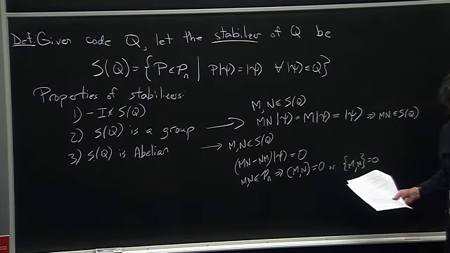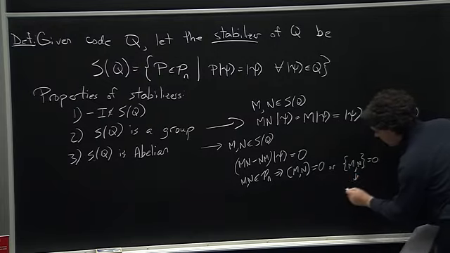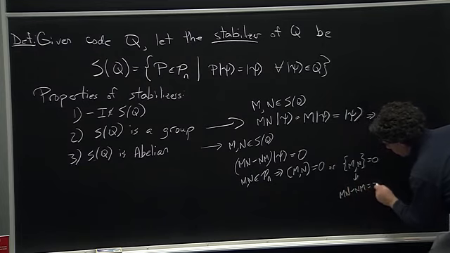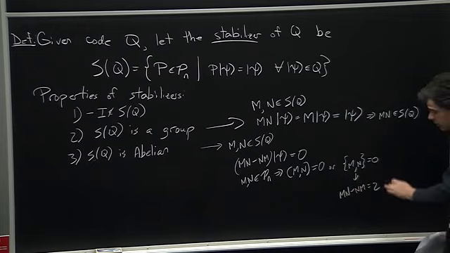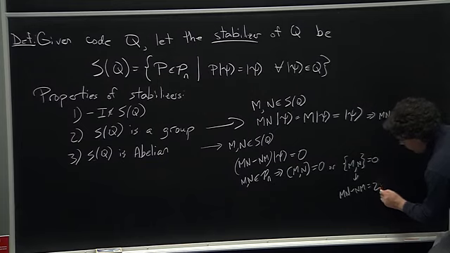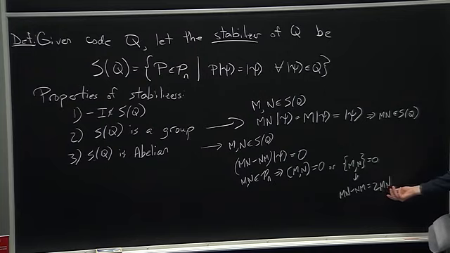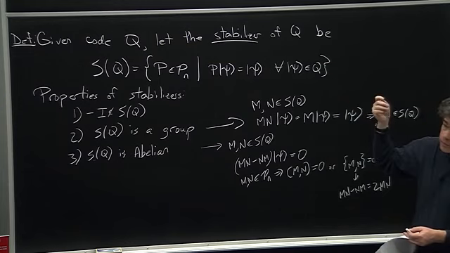So if they anti-commute, then in that case, MN minus NM is equal to, well, NM is minus MN if they anti-commute. So this is equal to 2 times MN, which is 2 times something in the Pauli group. But anything in the Pauli group has only non-trivial eigenvalues, right?